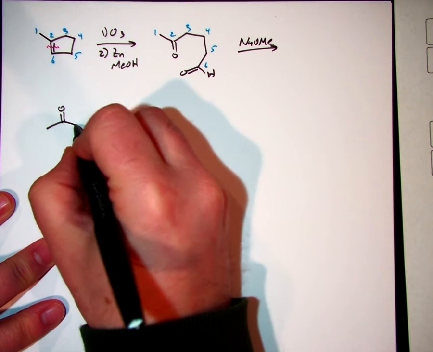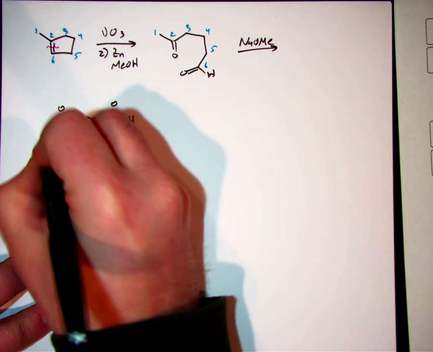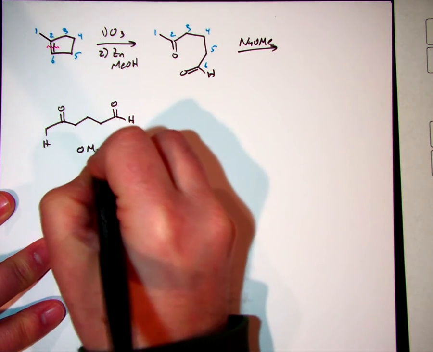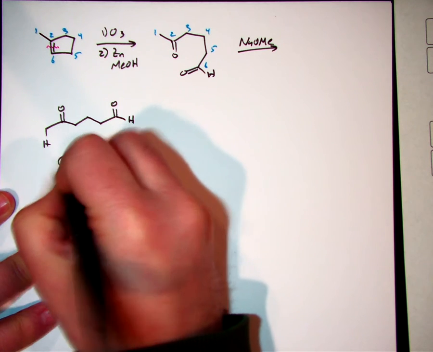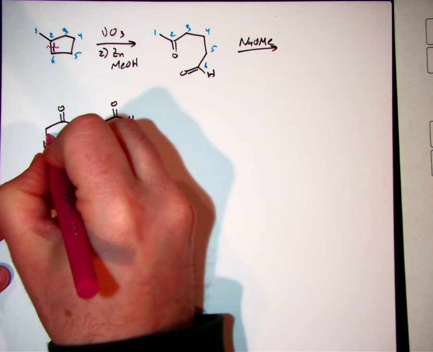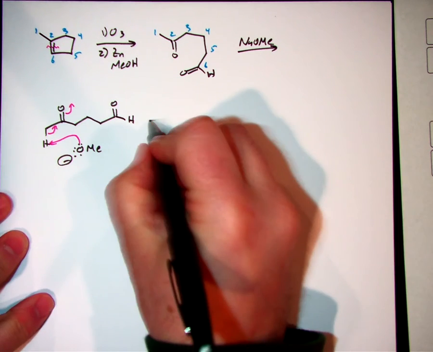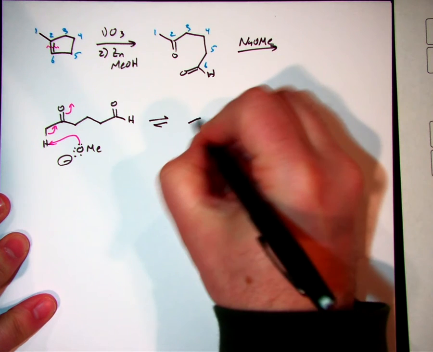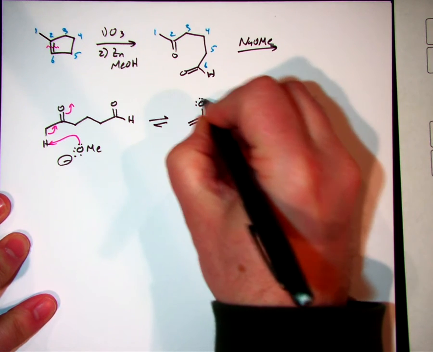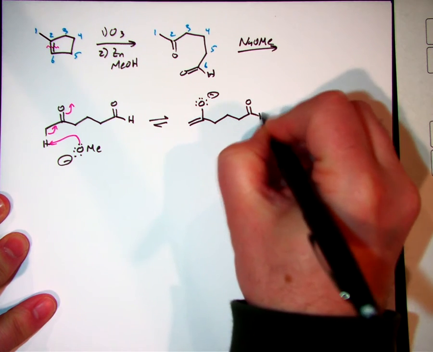1, 2, 3, 4, 5, 6. Here's my H. Take my methoxide. This is going to pull off my alpha proton and form my enolate. Again, there's a couple different ways we can draw an enolate.